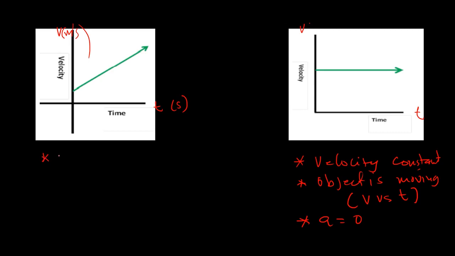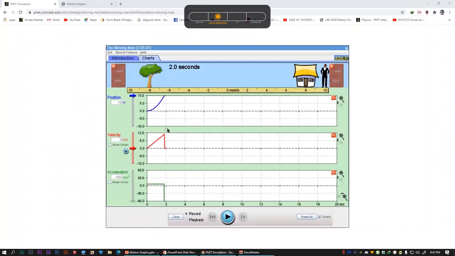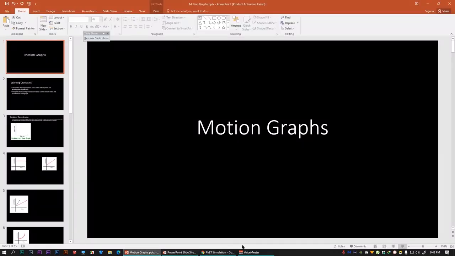If you see this graph in your exams or in your scholarship exams, velocity is increasing, but in terms of acceleration, as you can see here, this acceleration is a flat line, meaning to say the acceleration is constant.